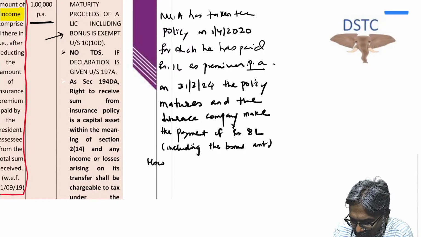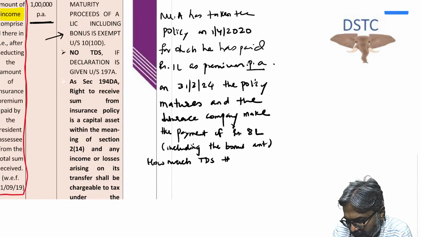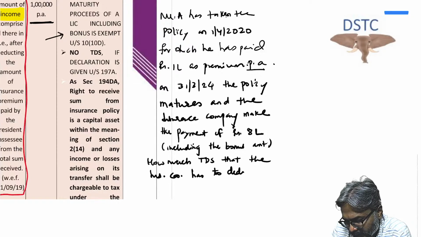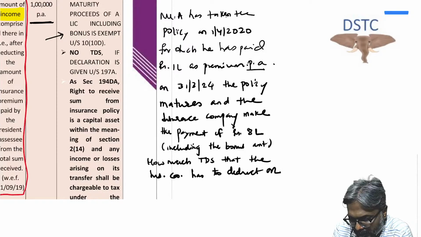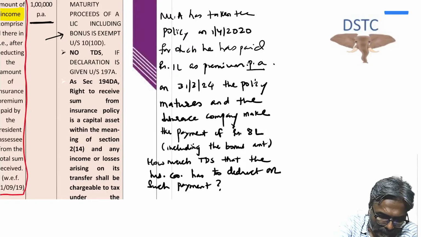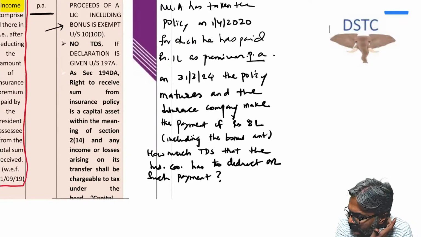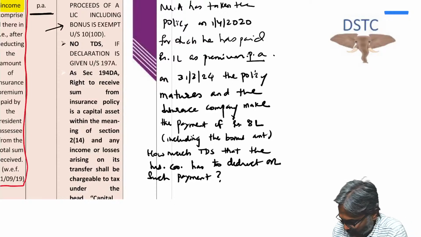How much TDS does the insurance company have to deduct on such payment?